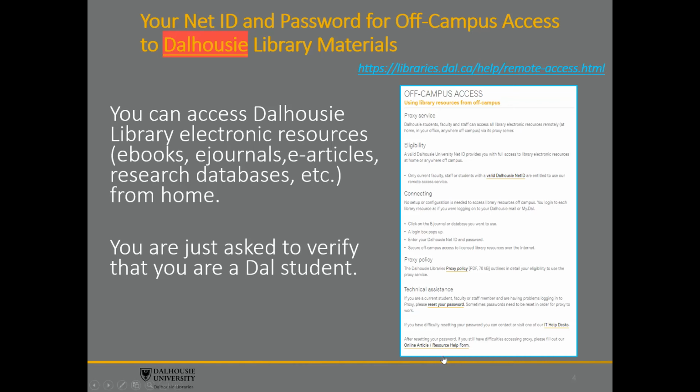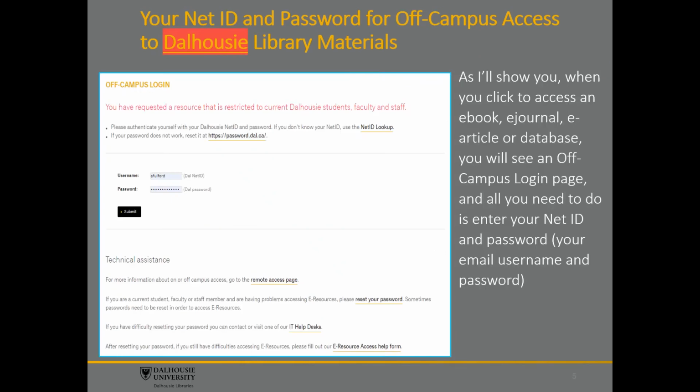So at this URL here on the screen is information about off-campus access. But when you do attempt to access a resource, so once you click on an e-journal or an e-article or a database, this screen will pop up. And this is the off-campus login screen. And we'll see this live when we do our demonstrations a bit later.